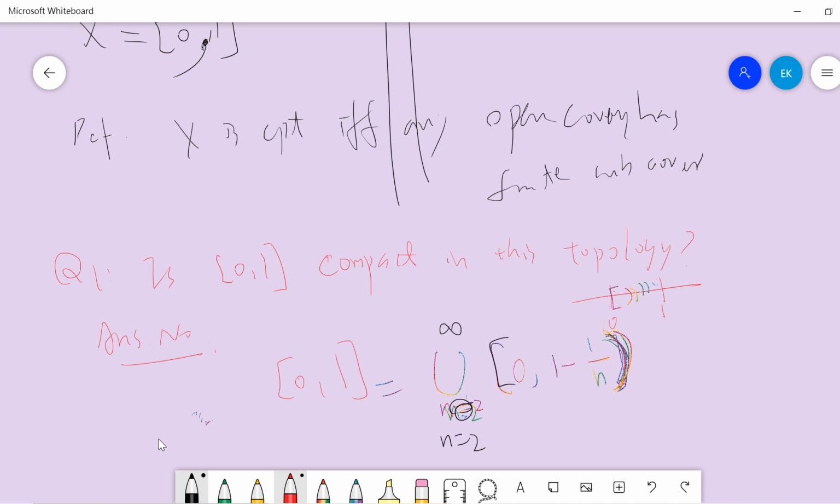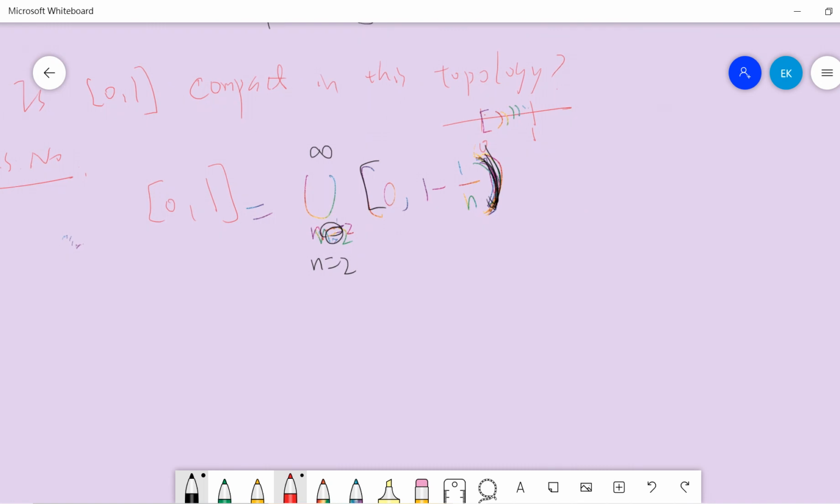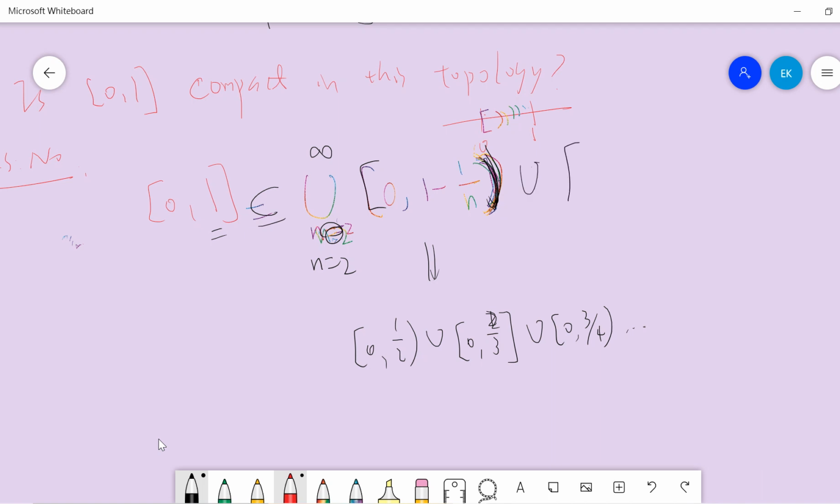So basically, this is [0, 1/2) union [0, 2/3) union [0, 3/4), and keep the union. But now 1 is not in here, right? So I need to cover it with something, but I just need to do the covering, so it need not be equal. So this is an open cover, right?